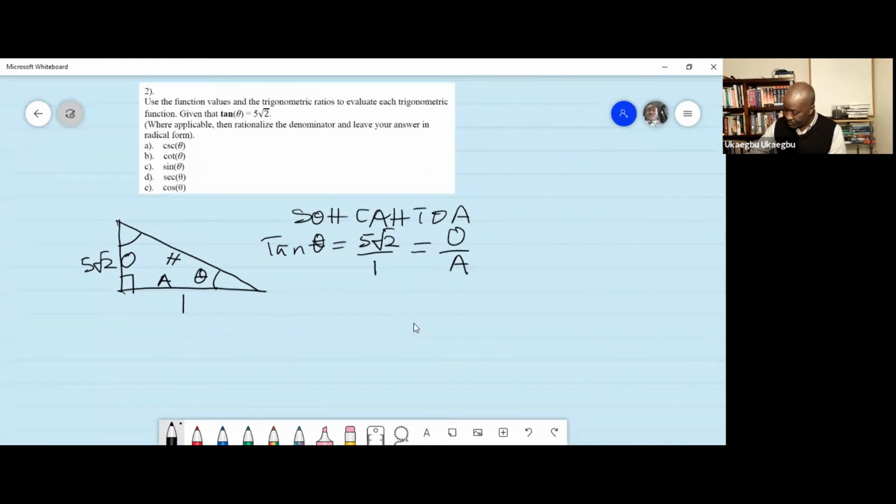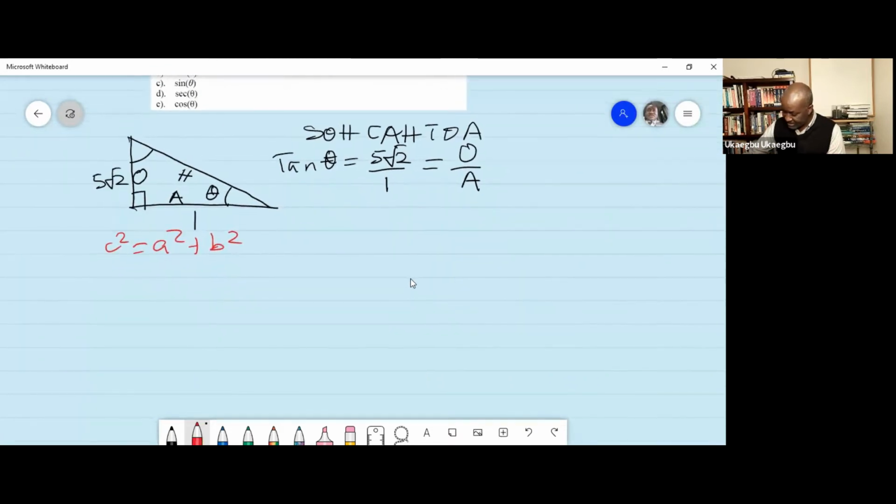Okay? So now, how do we get the hypotenuse? We come back to the Pythagorean theorem, which is c squared equals a squared plus b squared. So if that is the case, c squared is equal to 5 square root of 2.